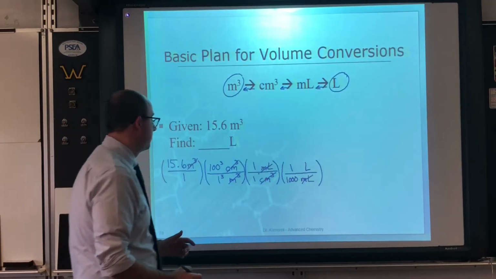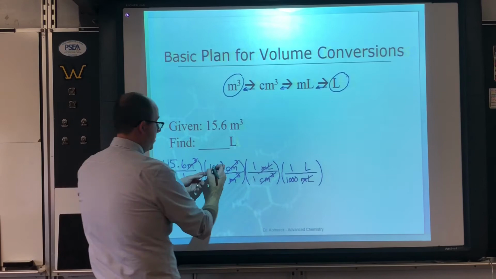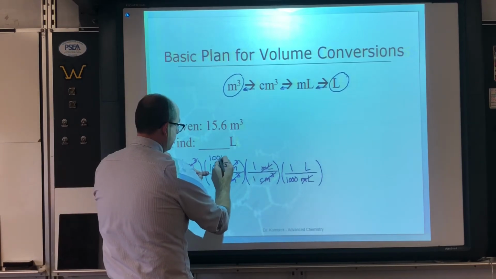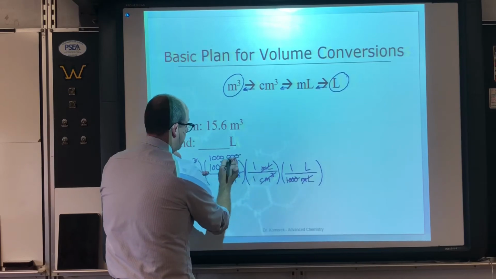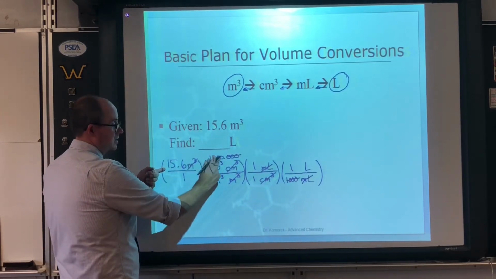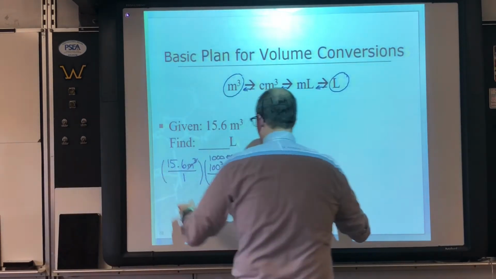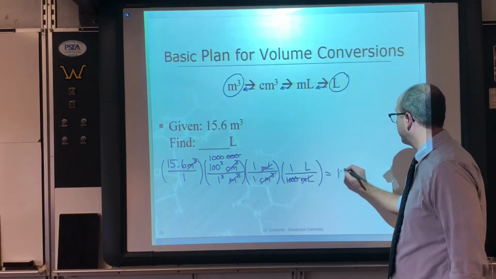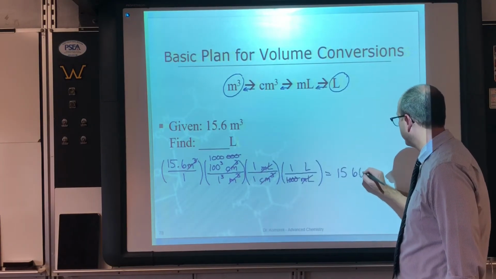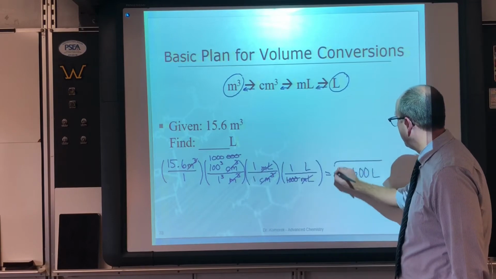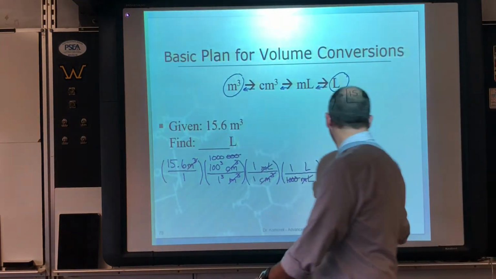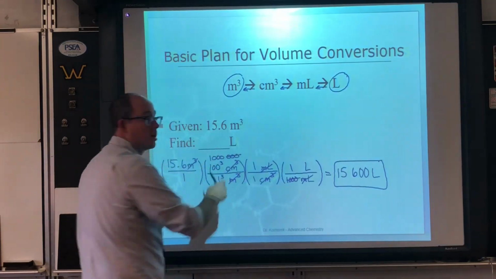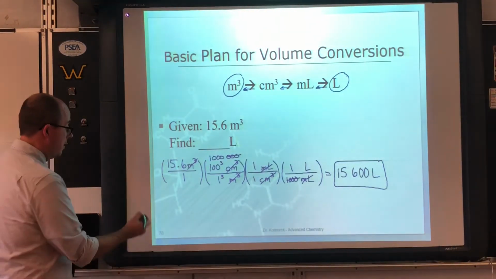Milliliters cancels. And with the 100 cubed, that's a million. We could cancel these zeros with 3 of these zeros, and we have 15.6 times 1,000, or 15,600 liters. Do a quick count of significant figures. 3 here, 3 here, all our rounding is good.